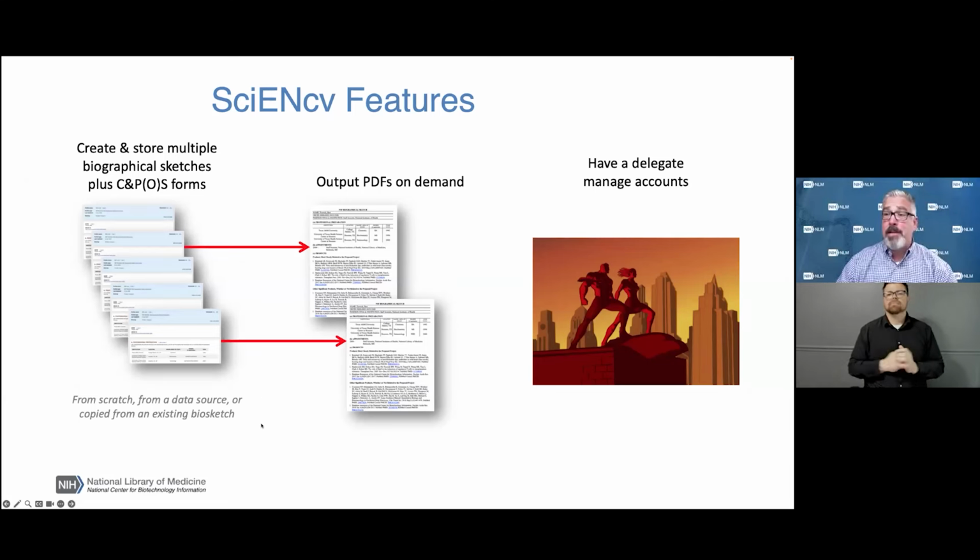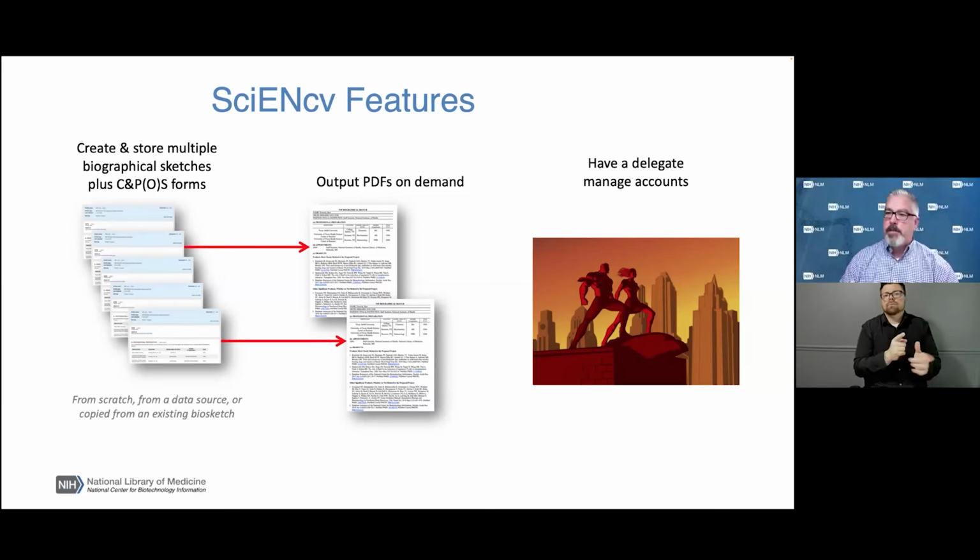Within SciENcv, it's a workspace for applicants. They can have as many biosketches as they want. We realize that some investigators might want to highlight particular competencies for a grant application. There might be something that highlights their basic science skills for a basic science type of grant application, and they can create a biosketch that highlights that competency. If they have a different grant they're applying for that's more clinical in nature, they might want something that shows a different facet of themselves.